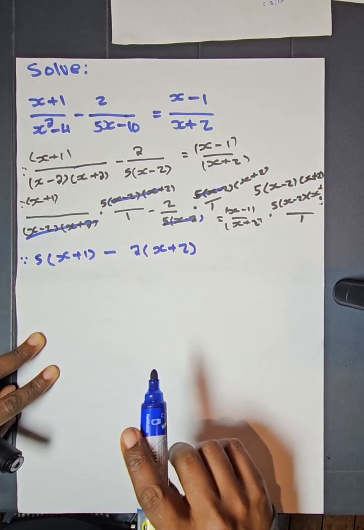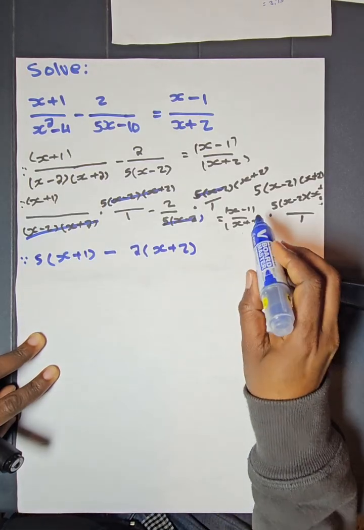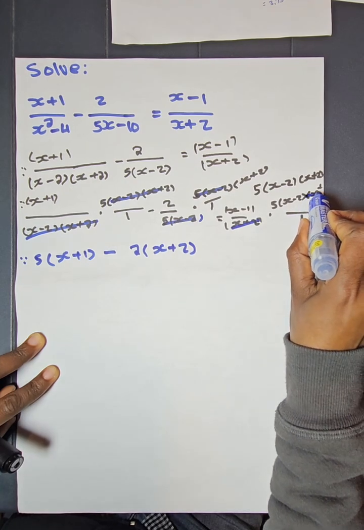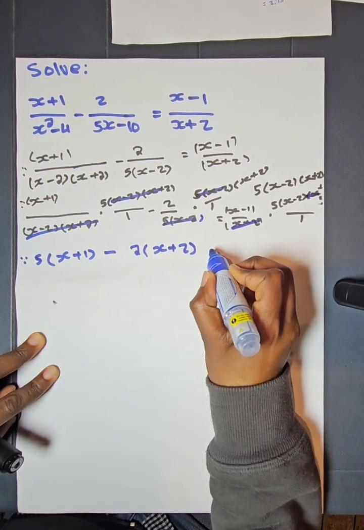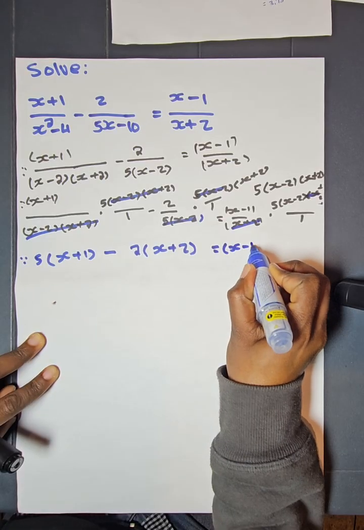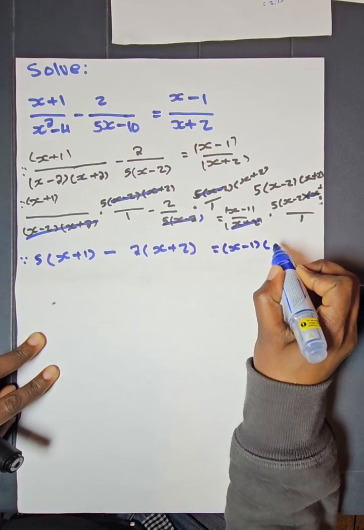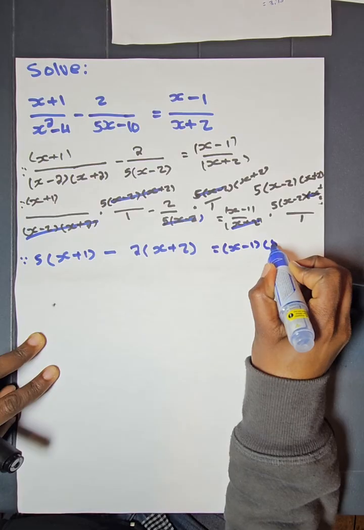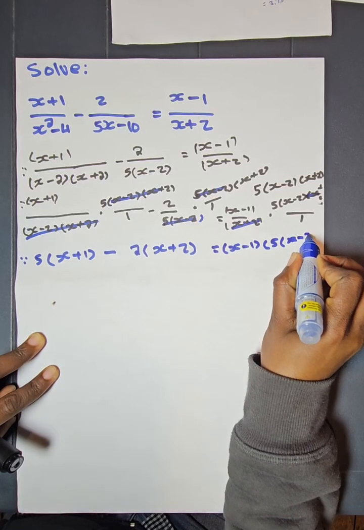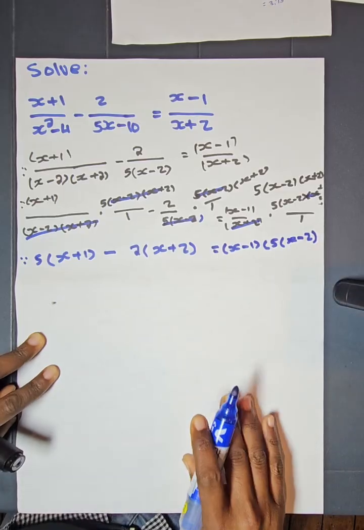On the right hand side, we can cancel out (x + 2) and (x + 2). Therefore, it simplifies to equal (x − 1) times 5(x − 2).